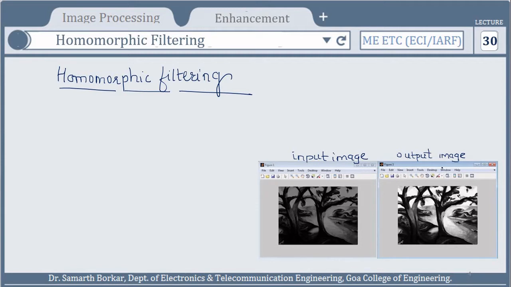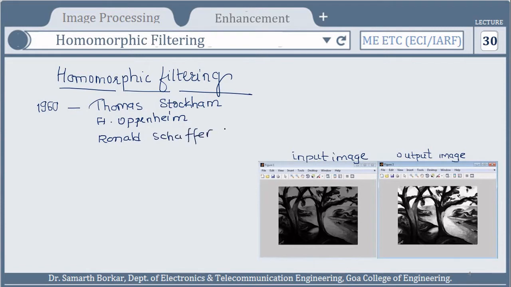This concept was developed in the year 1960 by Thomas Stockham, Alan Oppenheim, and Ronald Schafer, working at MIT.